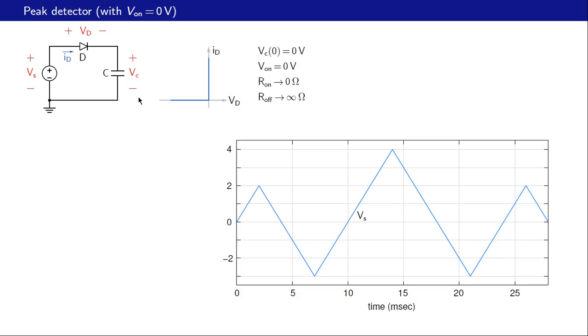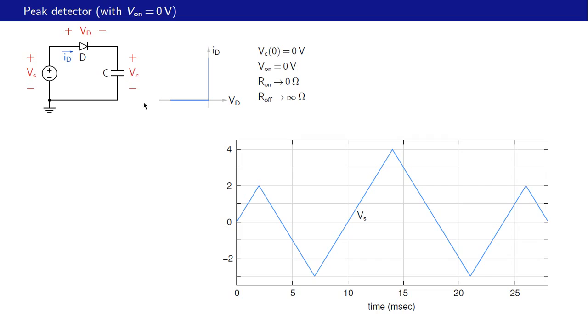It's dynamic because the capacitor current depends not only on the present value of Vc, but also on what happened in the past, because it depends on the rate of change of Vc. So that's the complication, and we therefore need to consider how the capacitor is charging or discharging when we look at circuits like this which have capacitors. Okay, so let's get started with this particular example.